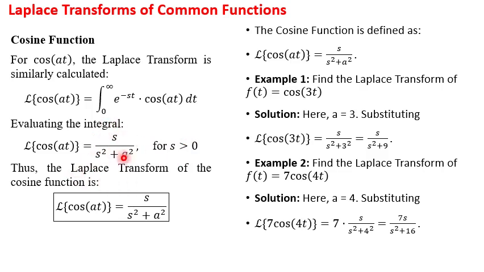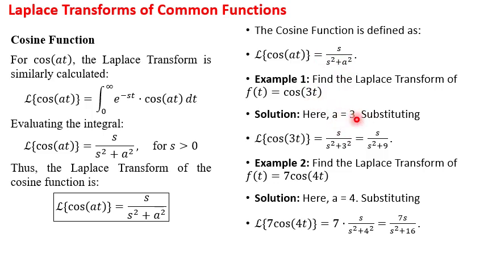This must be taken note of as the Laplace transform of the cosine function. Bearing this in mind, we can also look at some examples. Find the Laplace transform of a function of t equals cos 3t. Relating this with the general solution for the Laplace transform of a cosine function shows that a equals 3.